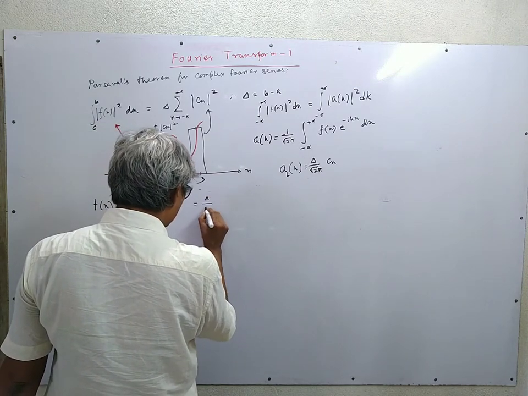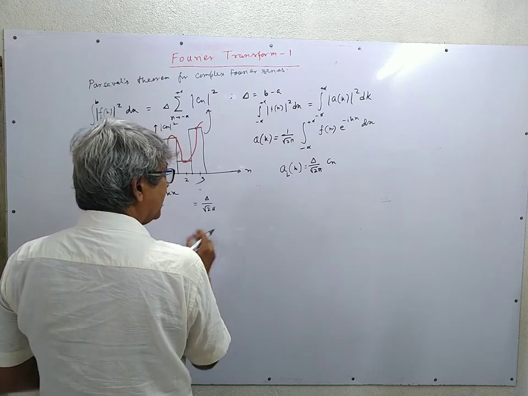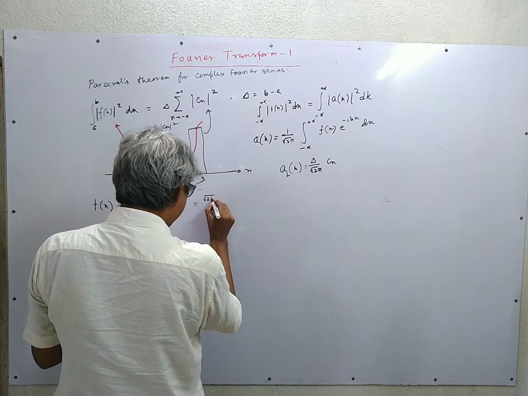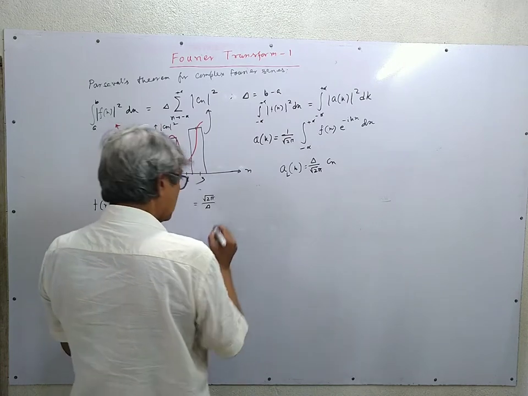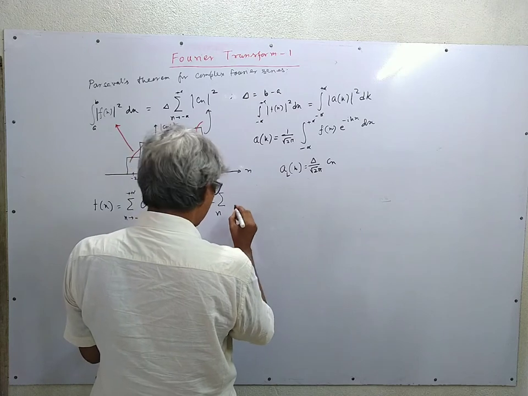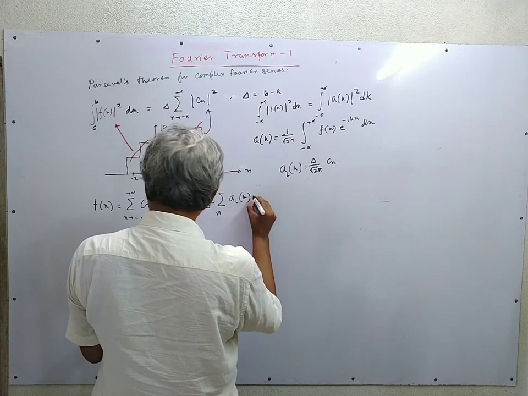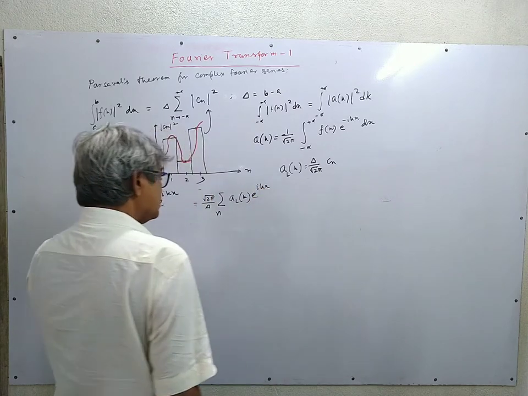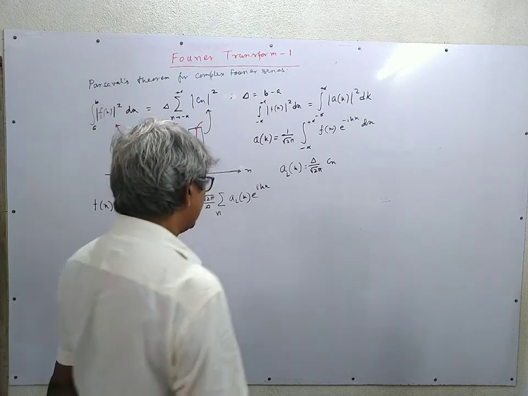delta upon 2 pi, root 2 pi by delta, and we introduce delta n here.